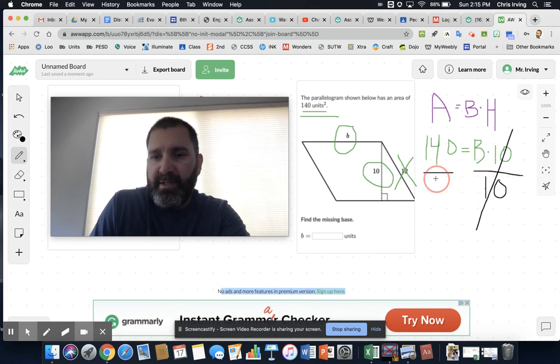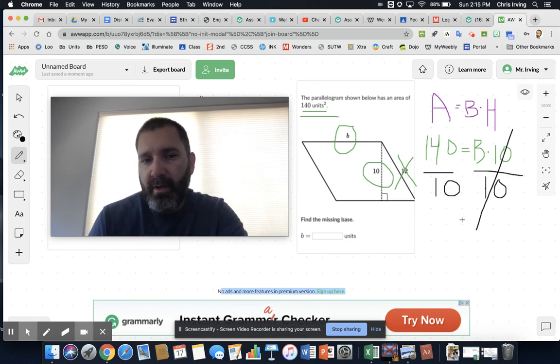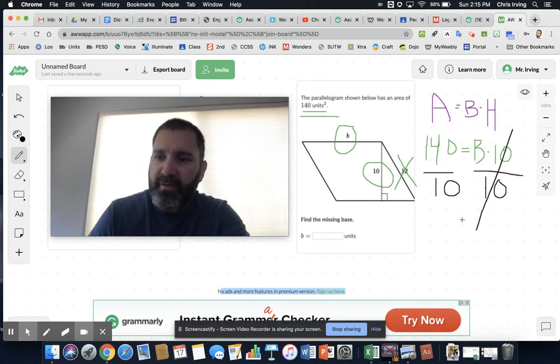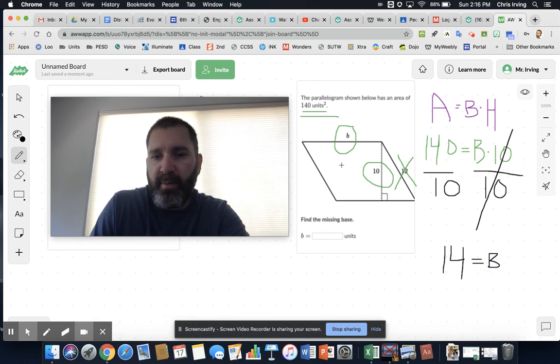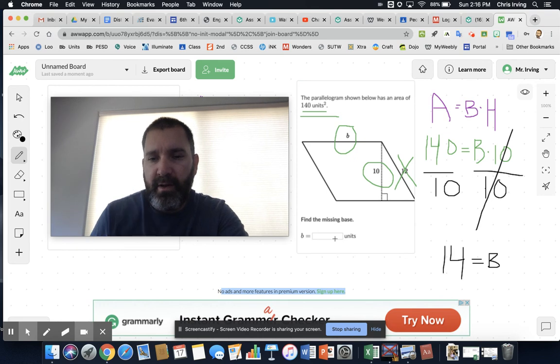But we have to do the exact same thing to the other side of the equation. The base of this parallelogram is going to be 140 divided by 10. Most of you are probably starting to figure out that 140 divided by 10 is 14. So this missing number, the number that we're being asked to solve for, is 14.